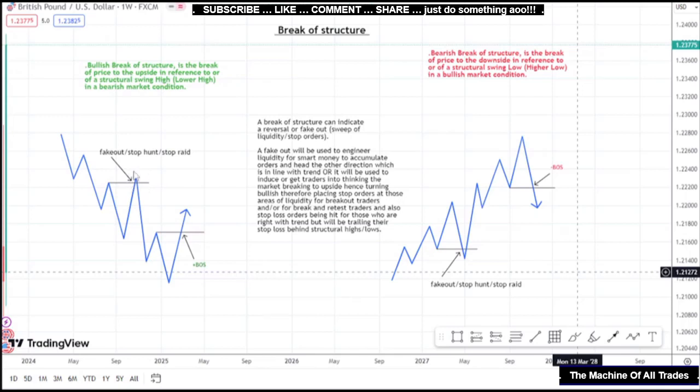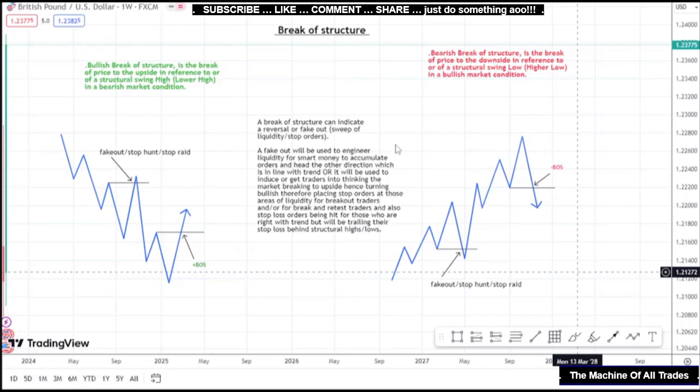After the swing would have taken you out, it'll continue to the other direction. So I was just showing fake outs and break of structure in this line graph example. This is the opposite with the bearish market structure. This is a fake out, this is a break of structure.